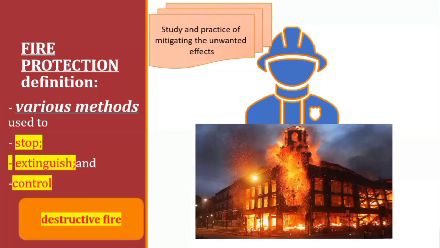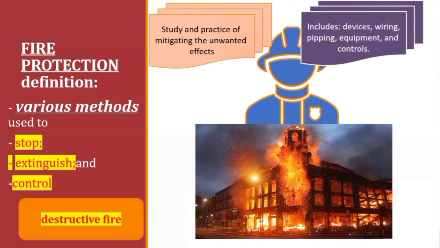Properties, if they are able to save other properties, if they are able to evacuate other properties, then so be it. Because there are also properties that may boost and intensify the fire.